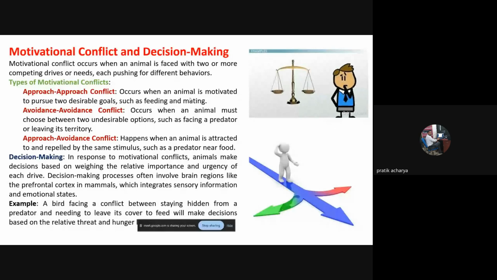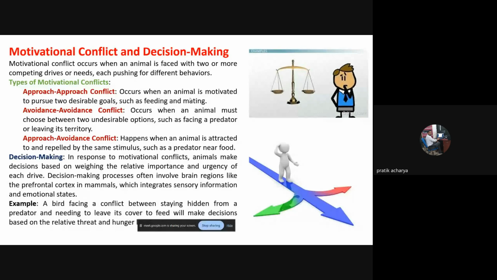So one has to avoid both things, but which avoidance is faster depends on animal behavior.